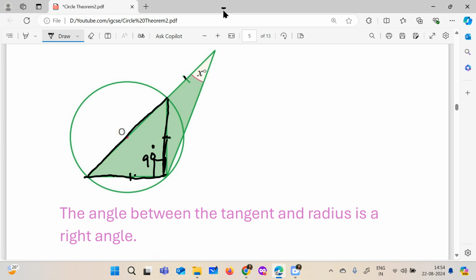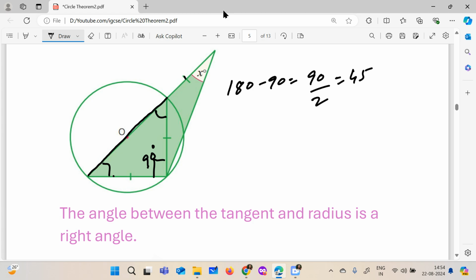Now, since this angle is 90 degrees, these two have to be equal, because this is an isosceles triangle. It is already marked. These two side lengths are equal, right? So 180 minus 90 will give you 90, and half of 90 is 45 degrees. So this is 45 degrees and this is 45 degrees. Is this clear?